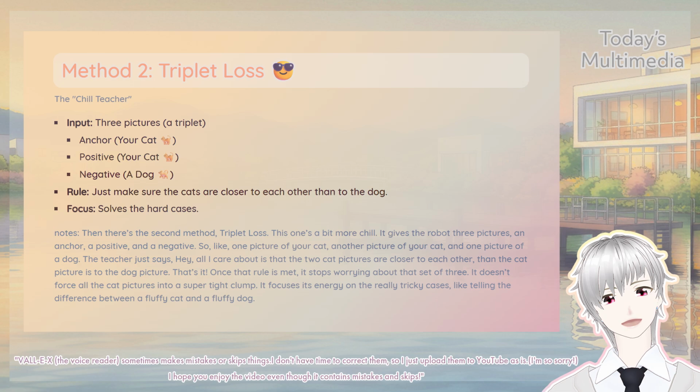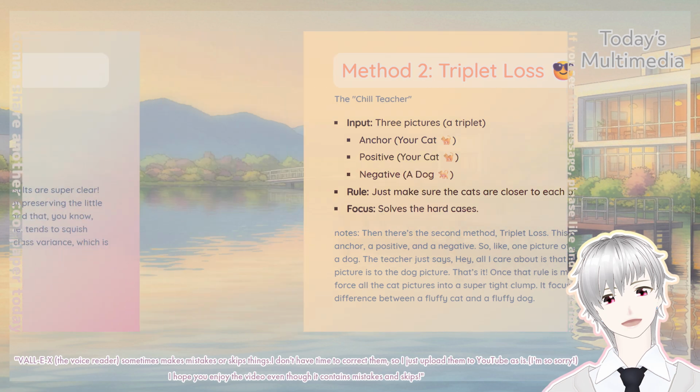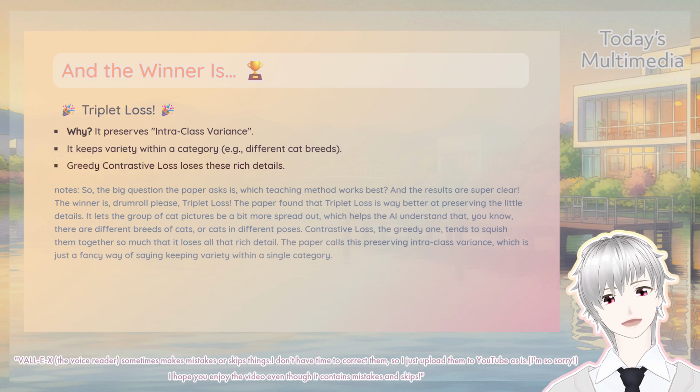That's it! Once that rule is met, it stops worrying about that set of three. It doesn't force all the cat pictures into a super tight clump. It focuses its energy on the really tricky cases, like telling the difference between a fluffy cat and a fluffy dog.